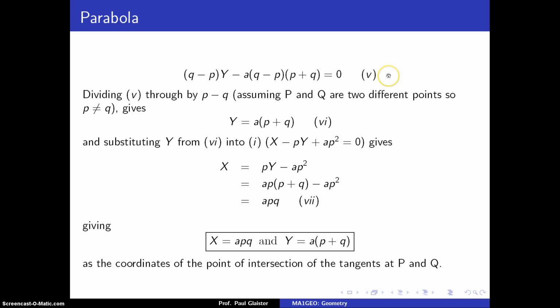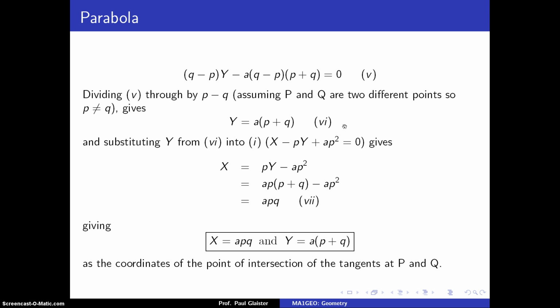So in equation 5, which only has y and then p and q in it, we divide through by q minus p, which is allowed assuming p and q are two different points, so the parameters for those 2 points will be different.